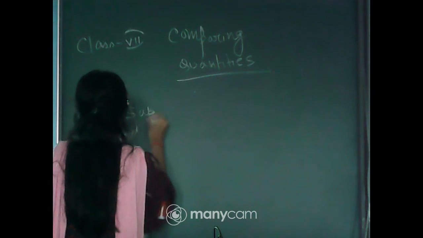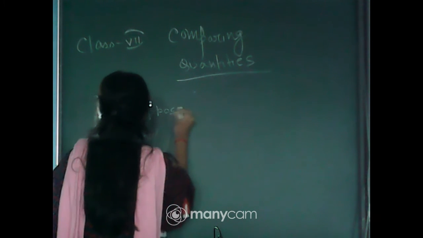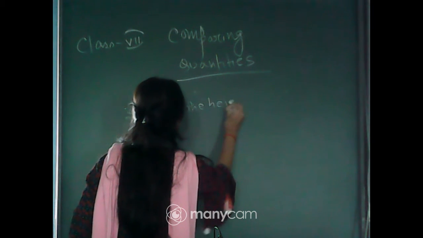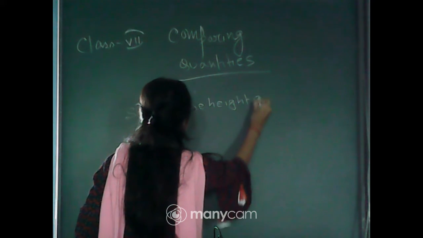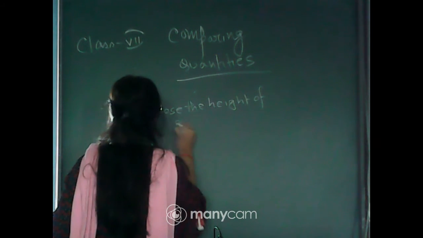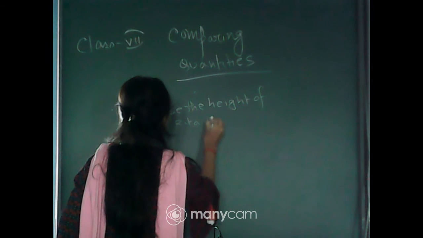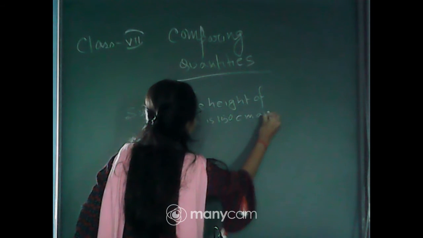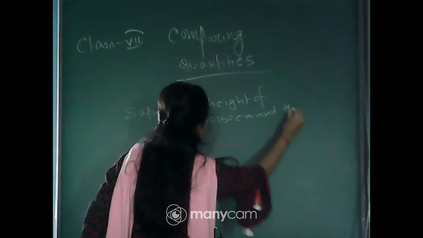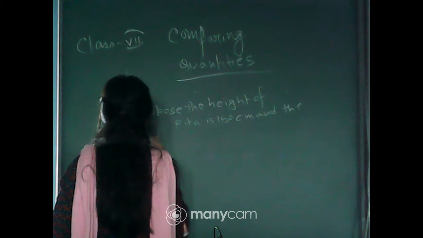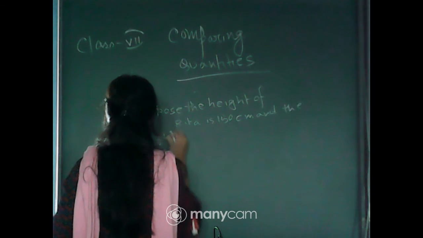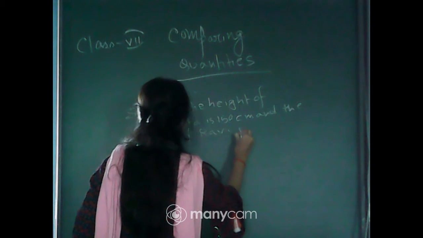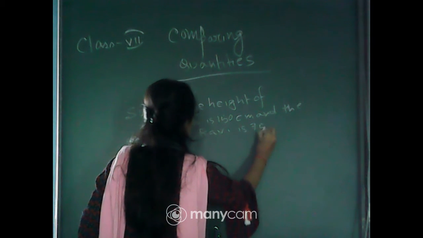Suppose the height of Rita is 150 cm and the height of Ruby is 75 cm.